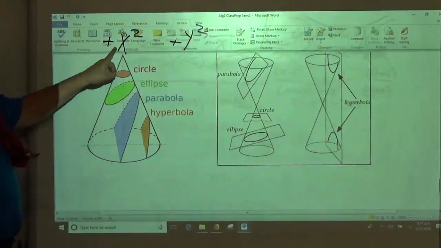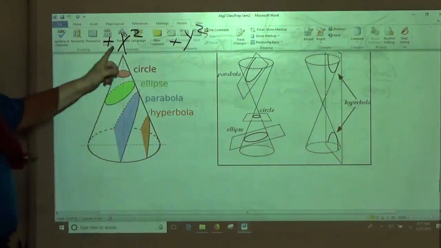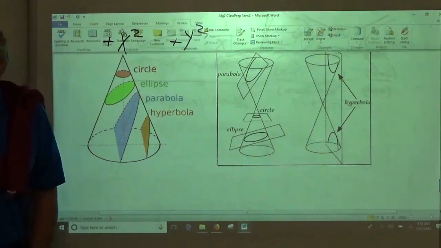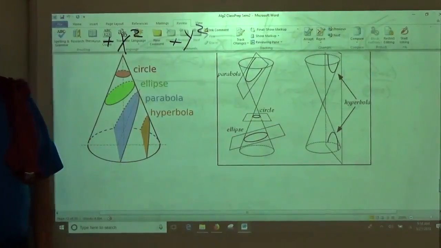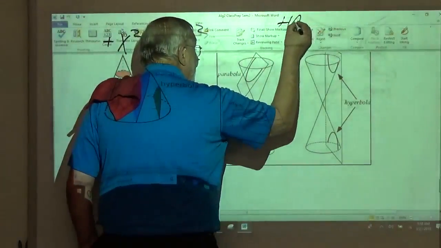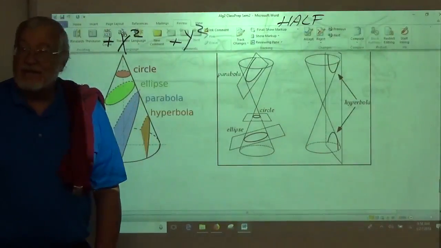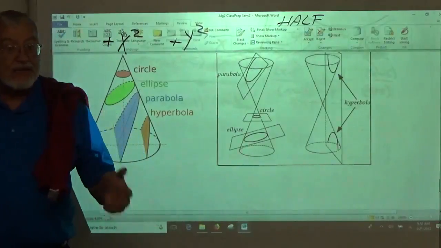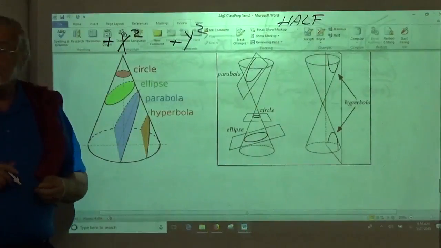Sometimes they put the same value here, but the coefficients have to be the same, and you have to have squares on both, and they both have to be positive. Now, one of the things that we're doing with this is, how do you complete the square? You take half the x term or half the y term and make the binomial square, but then you have to add the extra number.